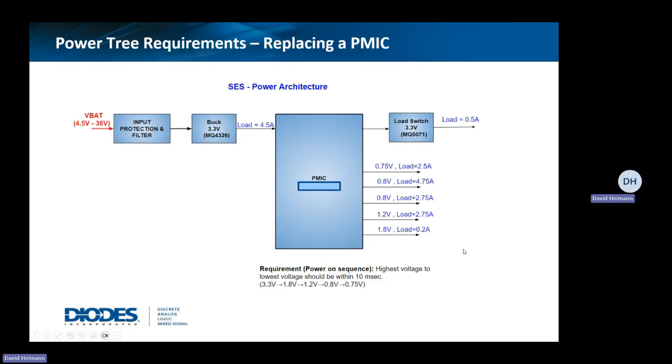So what we have done, at the request of several customers, is we've taken a look at these PMICs, and what we basically do is we'll come up with an equivalent power tree for you using discrete DC to DC converters, LDOs, or load switches, and basically emulate these output voltages and so on, and control the sequencing.